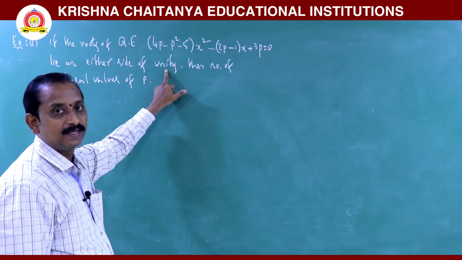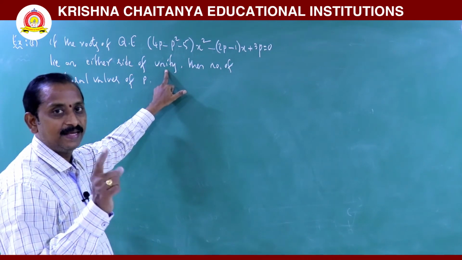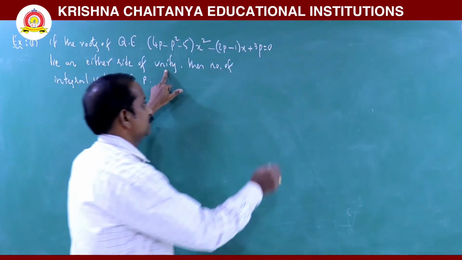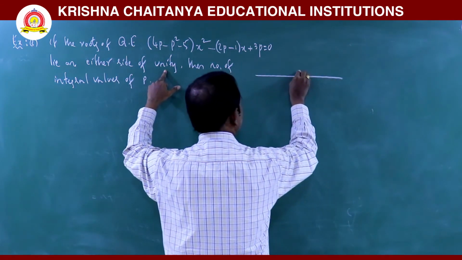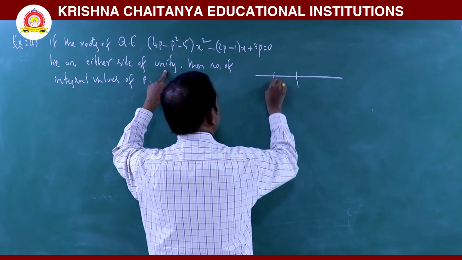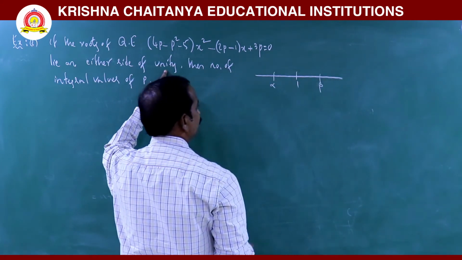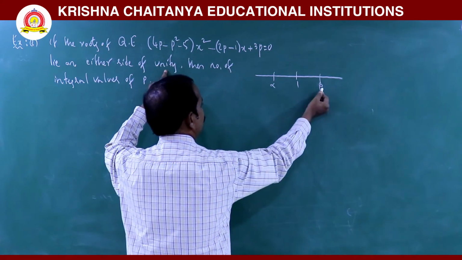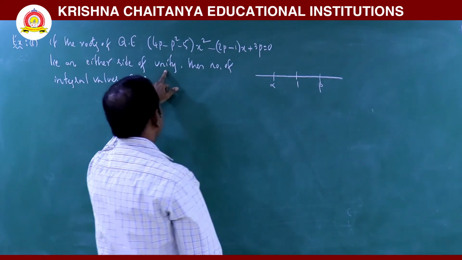For example, if you consider a number line, this is 1. One root alpha is here, another root is beta. So both roots lie on either side of unity.